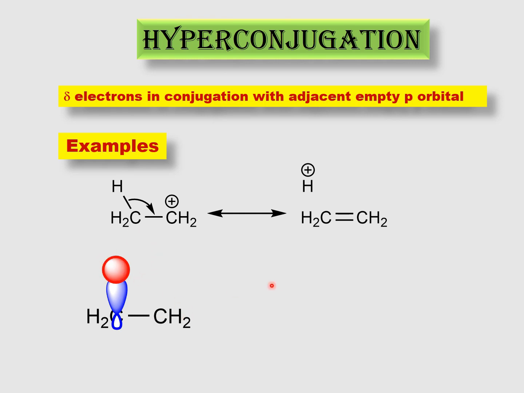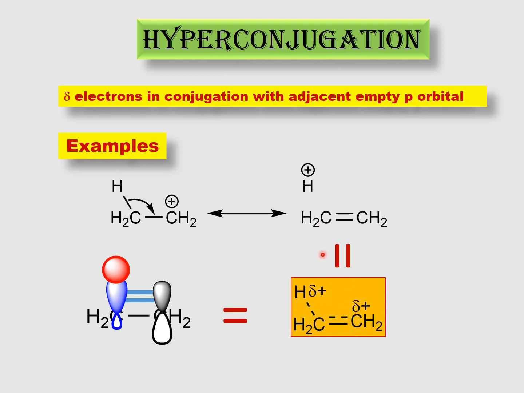And the adjacent carbon atom has a p orbital that is empty. And these two orbitals, this sp3 orbital from this carbon and this empty p orbital from the adjacent carbon, can overlap to form this carbon-carbon double bond. So in fact, it looks like this.